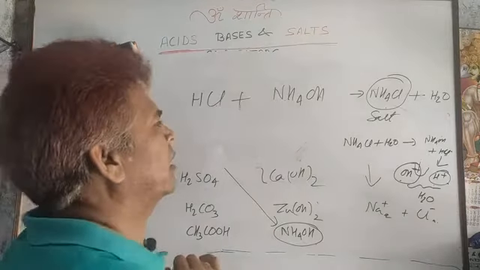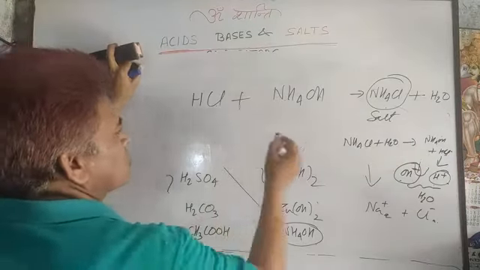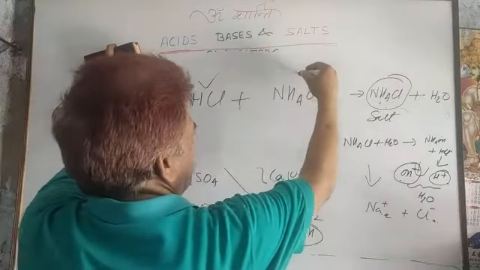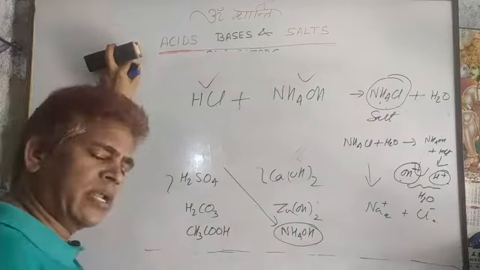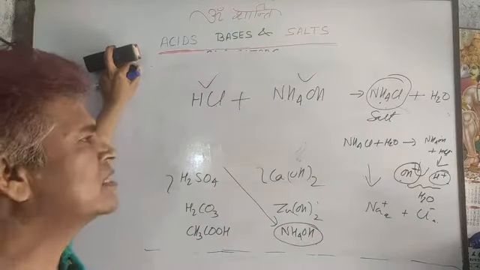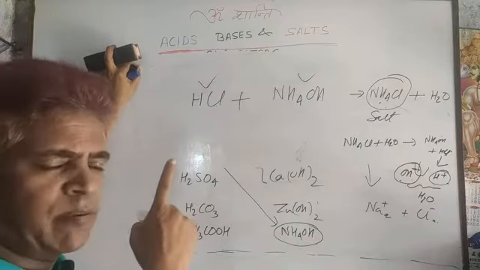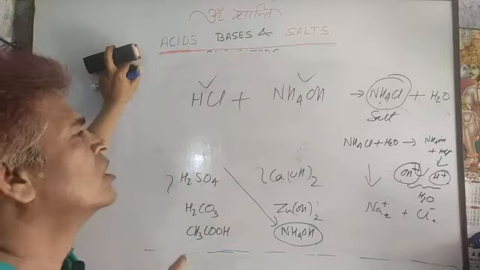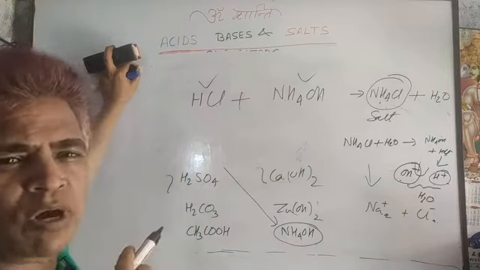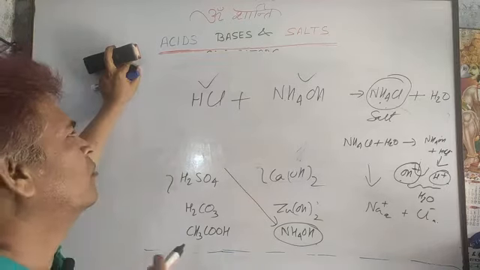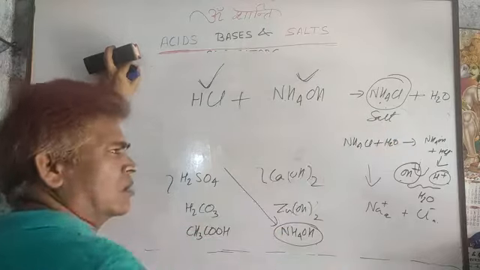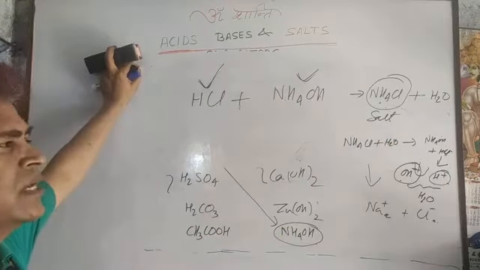So, you may conclude that the salt obtained from a stronger acid and weaker base comes under acidic in nature. In the previous example, the acid and base were both stronger, so that comes under the normal salt, neutral salt. But if you take a stronger acid and weaker base, that salt comes under acidic in nature.